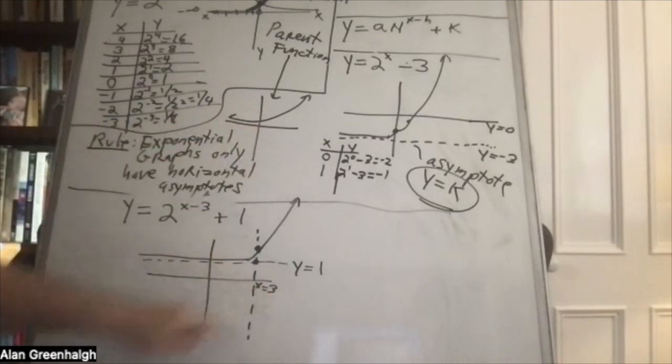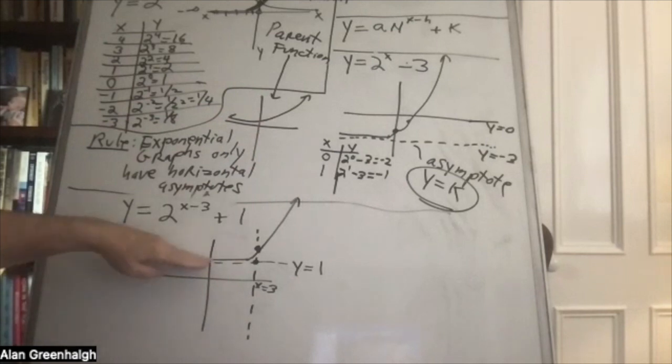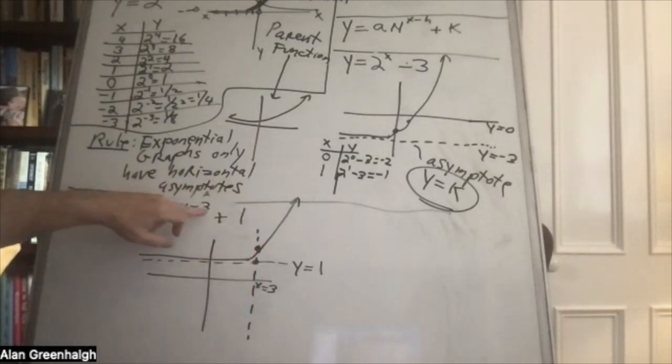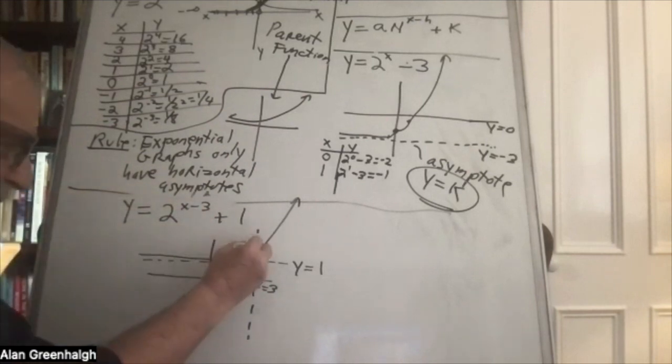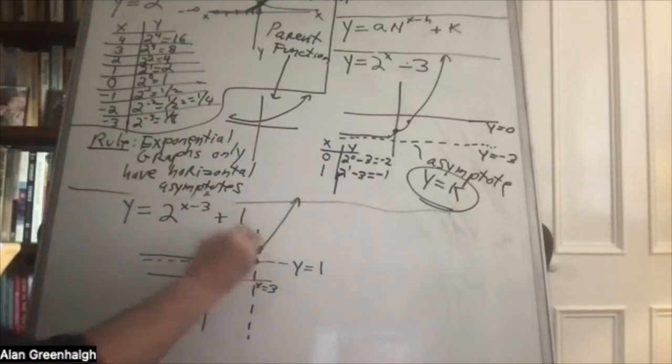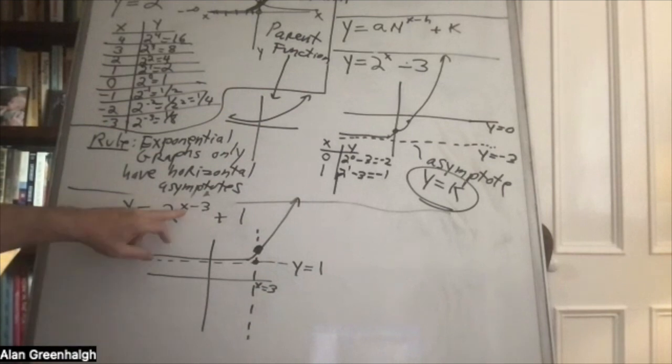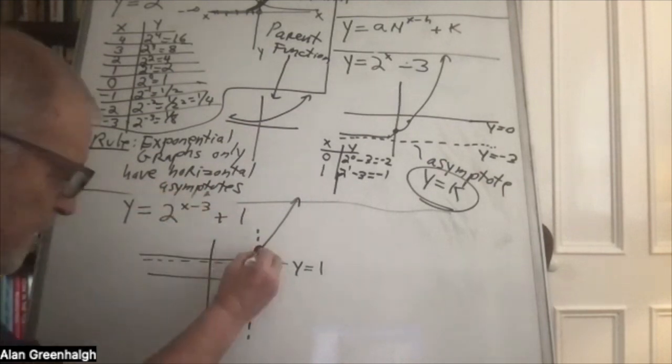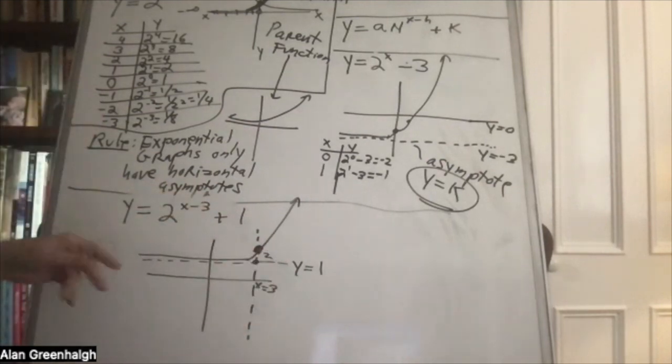It's now x equals 3. All right, so that's what happens with the x and y. The y creates a new horizontal asymptote, and the value of x is where it actually crosses that axis. So when x is equal to 3, 2 to the 0 is 1, 1 plus 1. So this is the point 2. And then you can go on from there.